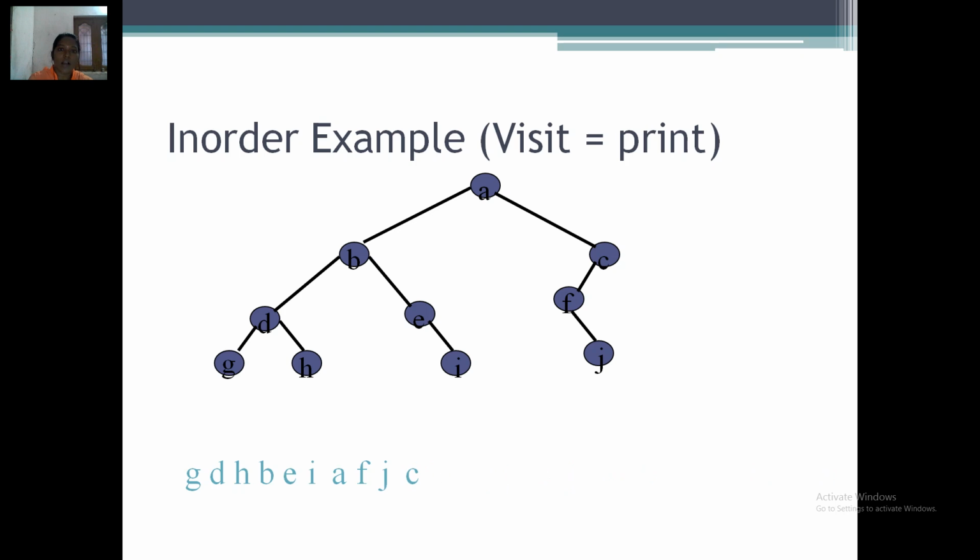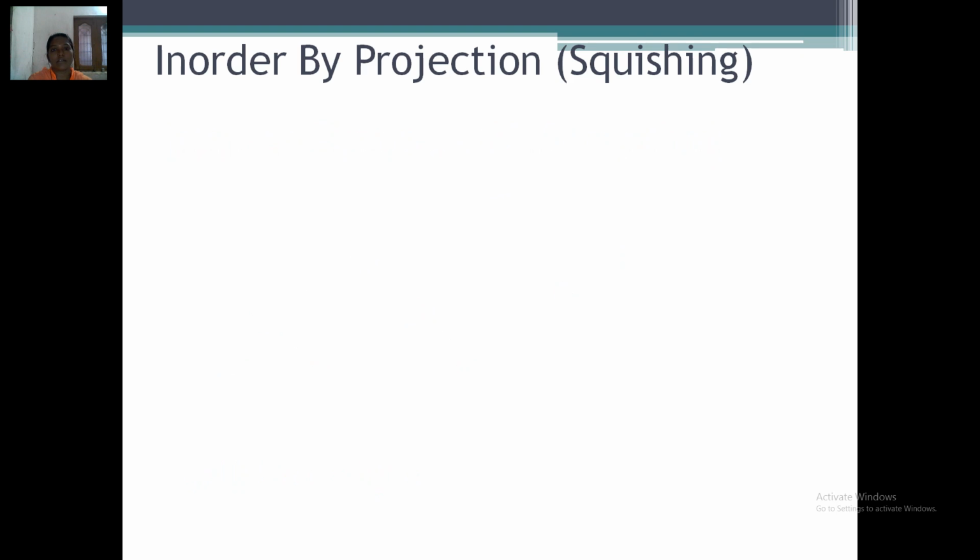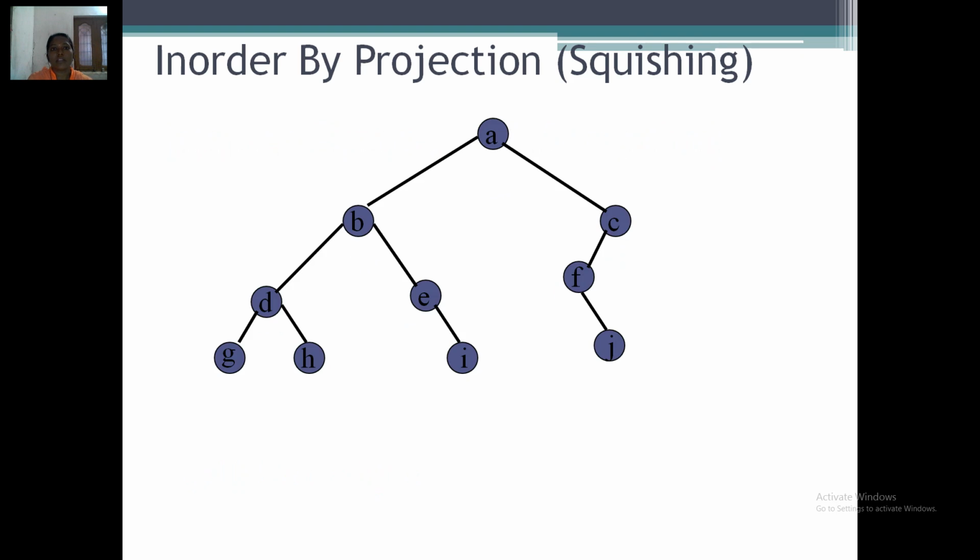By this, we have completed visiting all the nodes using the in-order traversal method. The result is G, D, H, B, E, I, A, F, J, C.